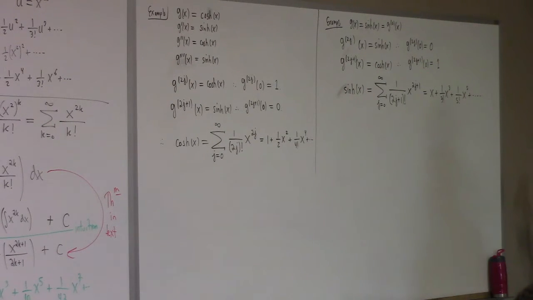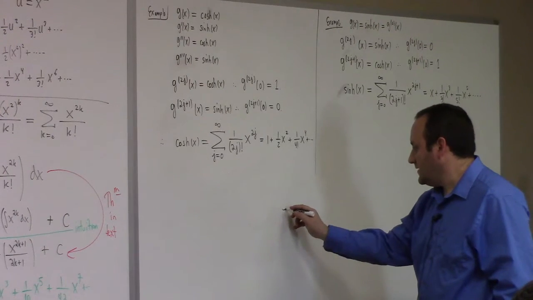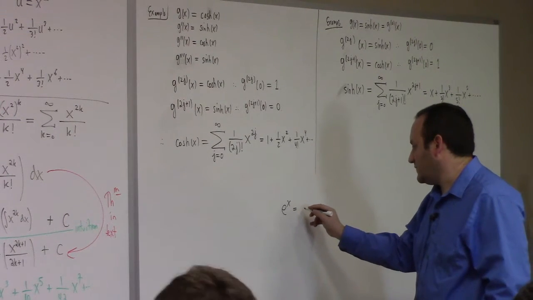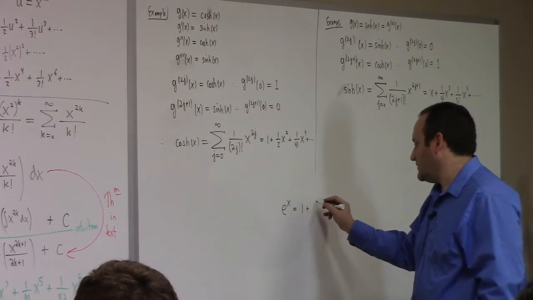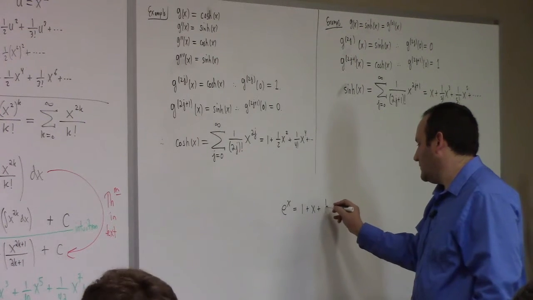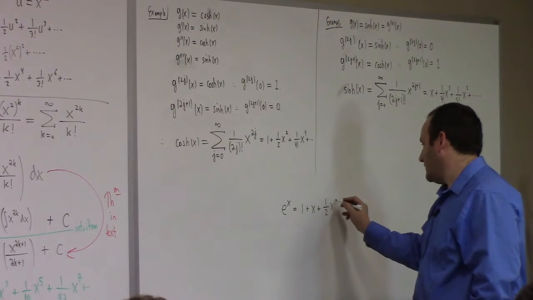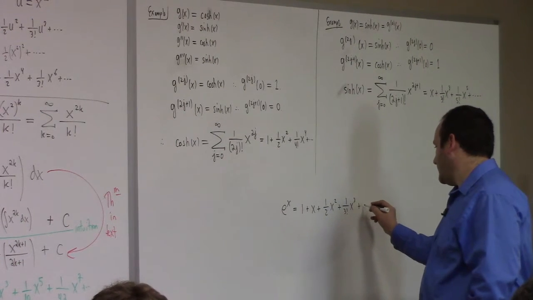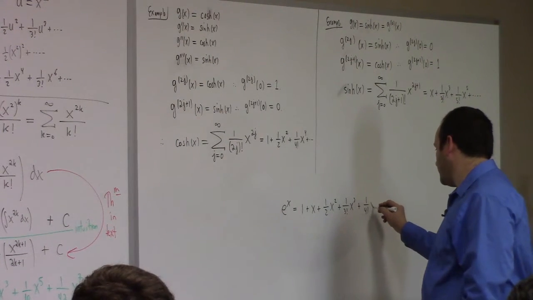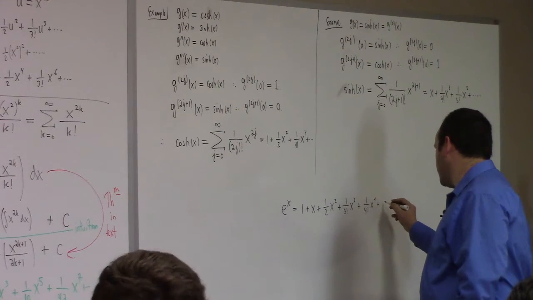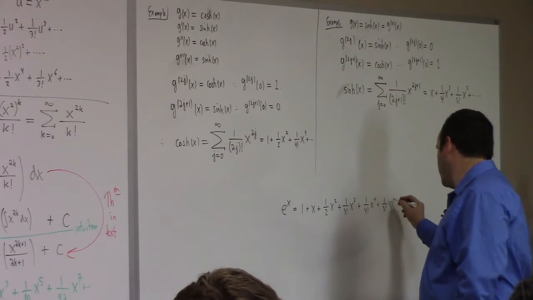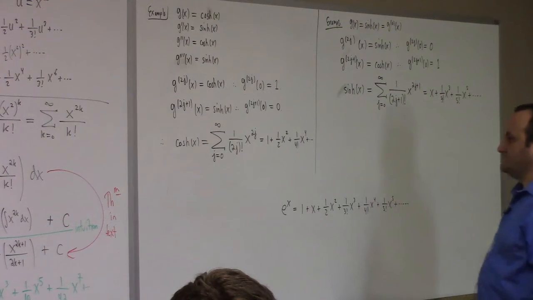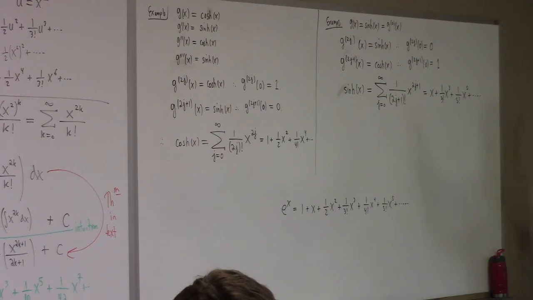Let me remind you down here, e to the x was 1 plus x plus 1/2 x squared plus 1 over 3 factorial x cubed plus 1 over 4 factorial x to the 4th plus 1 over 5 factorial x to the 5th plus dot, dot, dot. How are these related?